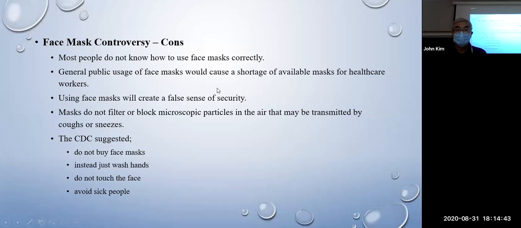And then somebody said if people use face mask, then there will be a shortage for the frontline people, hospitals. So CDC suggested do not buy face masks. And then using face masks will create a false sense of security.